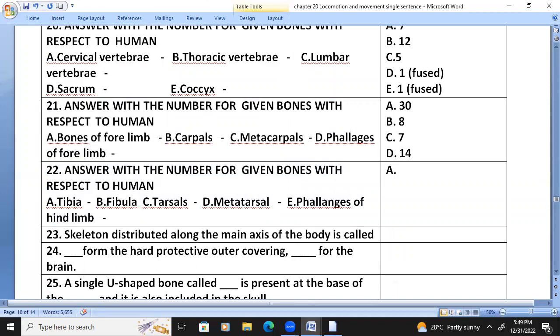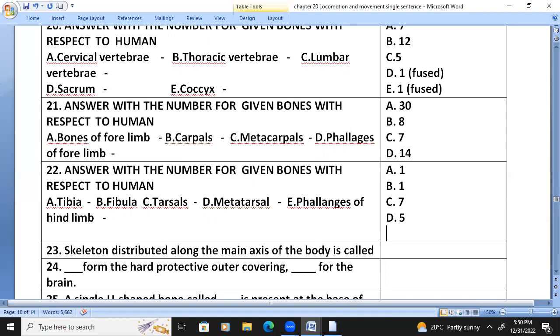Tibia 1. Fibula 1. Tarsals 7. Metatarsals 5. Phalanges of hind limb, in each limb, 14.